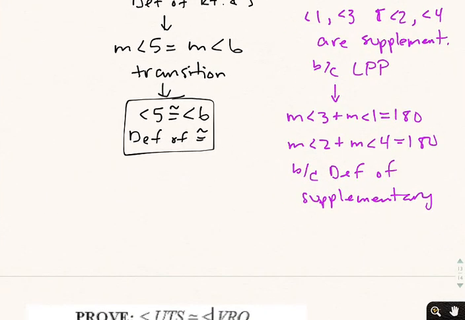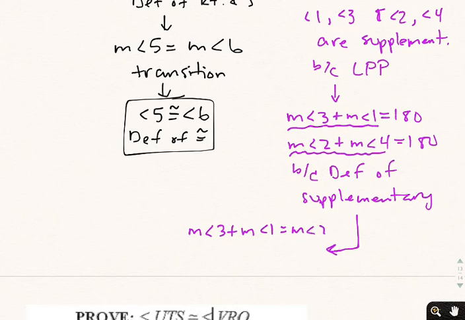Okay, but now look, if the measure of angle 1 plus the measure of angle 3 is equal to 180, and so is the measure of angle 2 plus the measure of angle 4, I can reasonably conclude, and I'm going to jog my proof over here, that the measure of angle 3 plus the measure of angle 1 is equal to the measure of angle 2 plus the measure of angle 4.